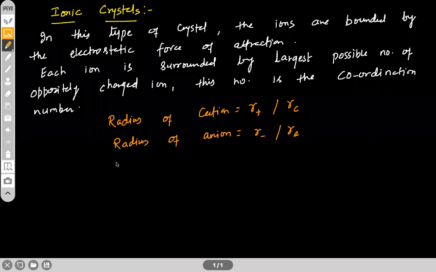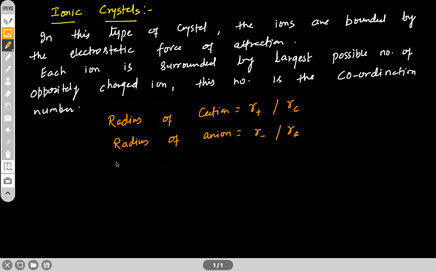Correct? This is the arrangement of an ionic crystal. We have the positions of cations and anions, how they are arranged. Since we have voids, we must have a certain size of one particular cation which can fit into that particular void.